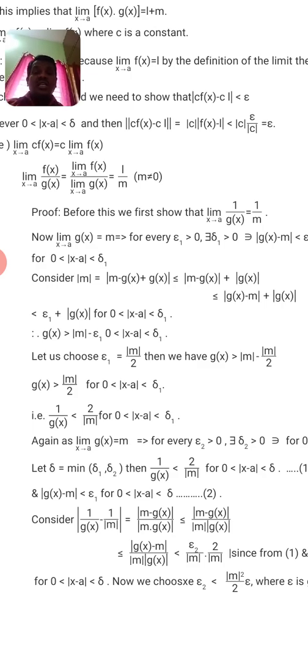Therefore modulus g of x is greater than modulus M minus epsilon 1, where 0 less than modulus x minus a less than delta 1.